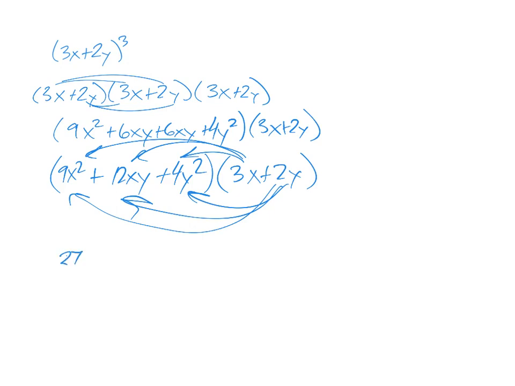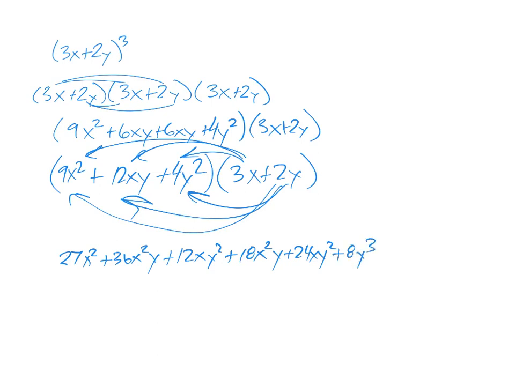And we get 27x cubed plus 36x squared y. Then we get plus 12xy squared. We have plus 18x squared y plus 24xy squared plus 8y cubed.